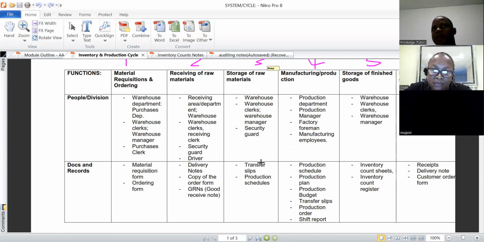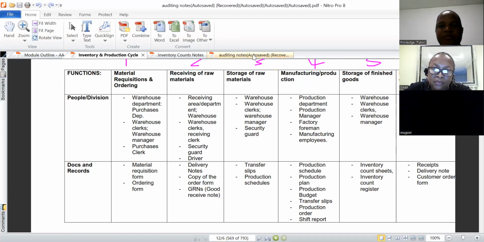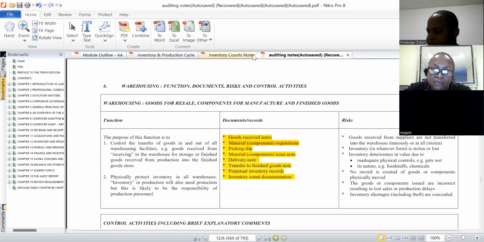This is a document that is used internally to authorize someone in the warehouse to pick the relevant raw materials and issue them to production. So you don't just go into the warehouse and start picking raw materials as deemed necessary, no, it has to be documented, and that document that authorizes warehouse employees to collect raw materials and transfer them to production, we call a transfer slip or a picking slip.